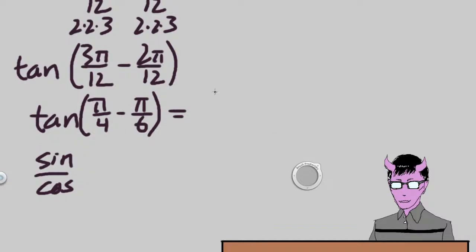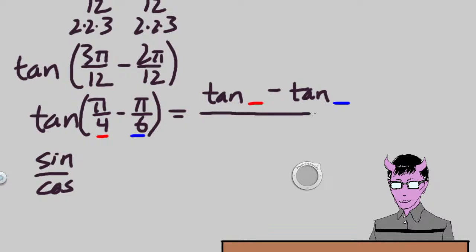Thus, we're going to get tangent of term number 1, and then keep the same sign because the sign is on top, so minus tangent of the second term, all over 1, and then since the cosine is on the bottom, you don't keep the same sign, so it'll be plus.